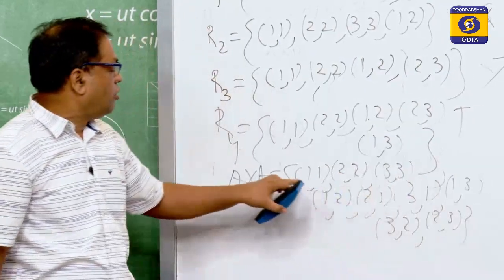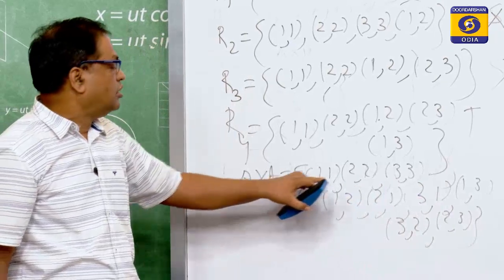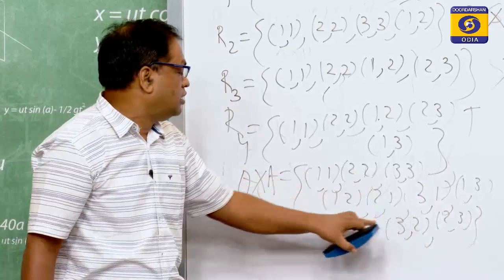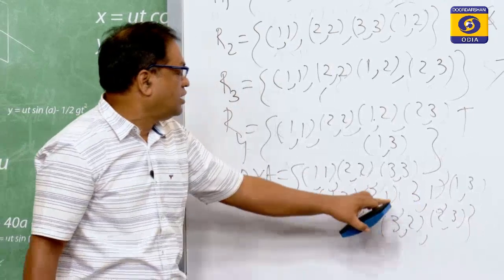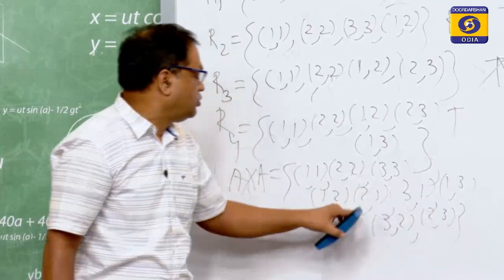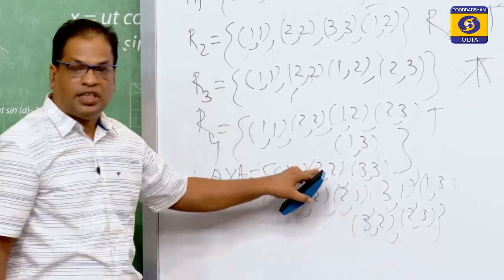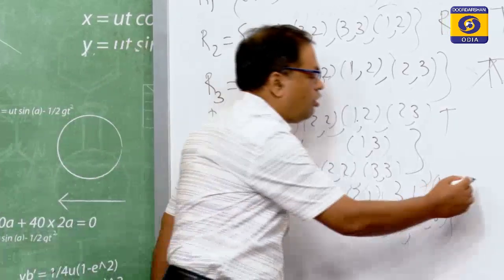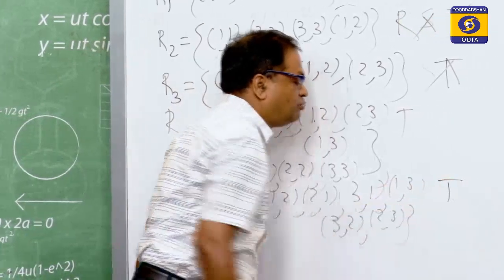Now it satisfies all the conditions of transitivity. (2,3), (3,2) present, so (2,2) is there. Similarly, it satisfies for all ordered pairs. This is a transitive relation.